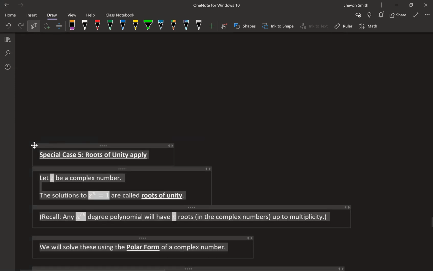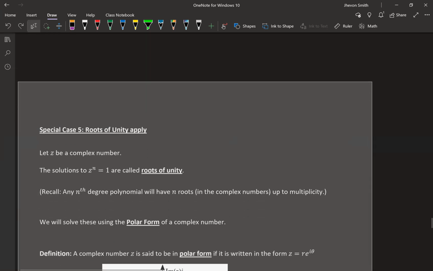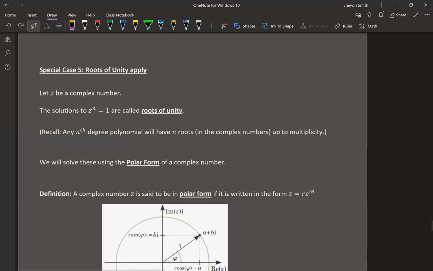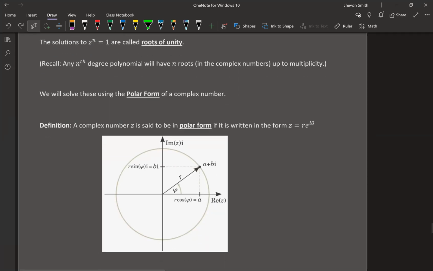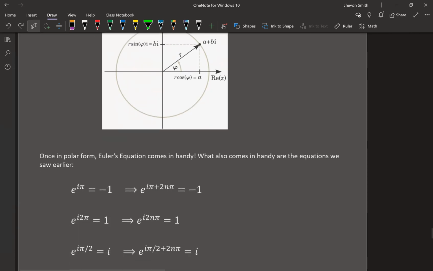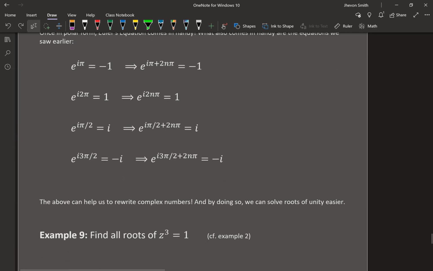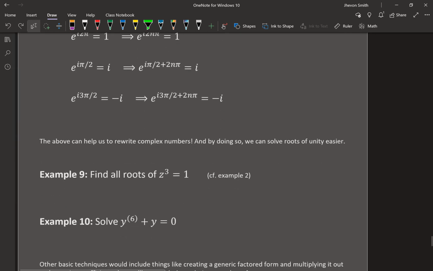Hopefully that grabbed everybody. Okay. This should grab everybody. So hopefully you guys actually tried them. While I'm cleaning up a bit here, you can just pull out the work that you did and compare it to what I'm doing.